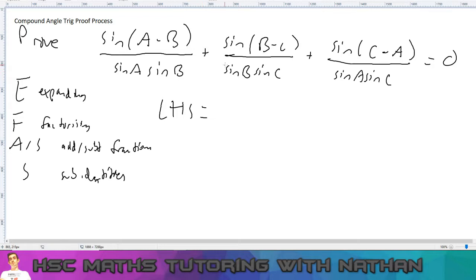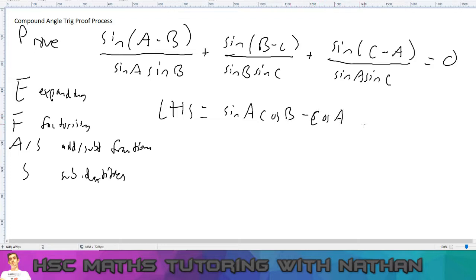Add or subtract fractions. Well, yeah, we could technically add or subtract fractions, and then sub-identities. Well, yeah, we can sub the compound identities for the numerators. So the best thing here is actually to sub the identities. Adding and subtracting the fractions won't actually help us at the moment. So the best thing to do is to sub the compound formula for sine in.